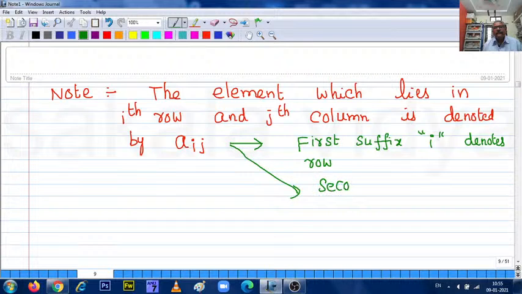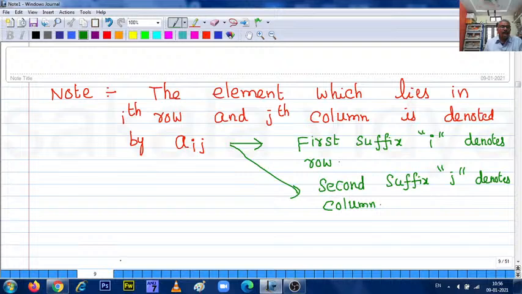Second suffix J denotes column in which the element lies.